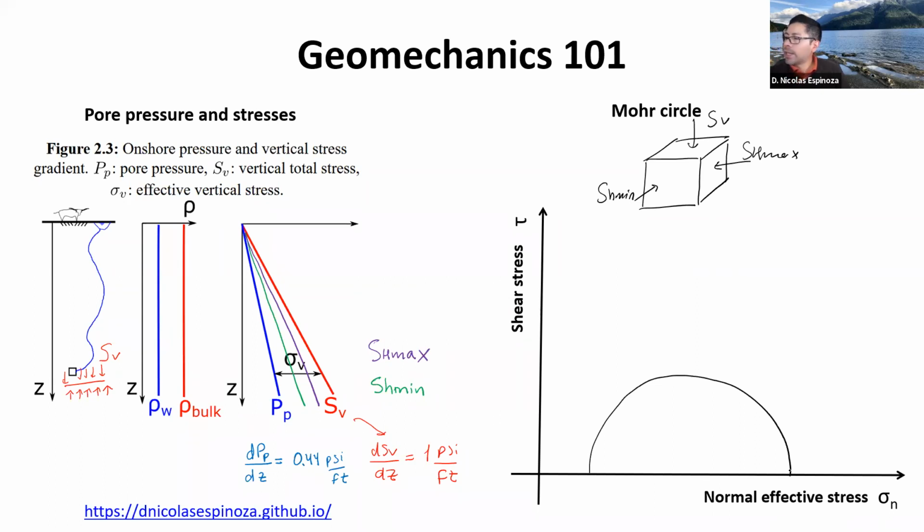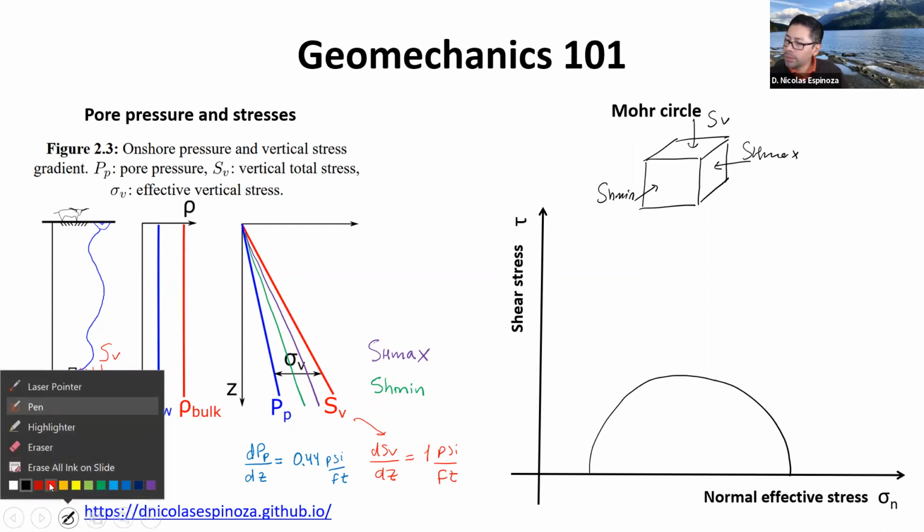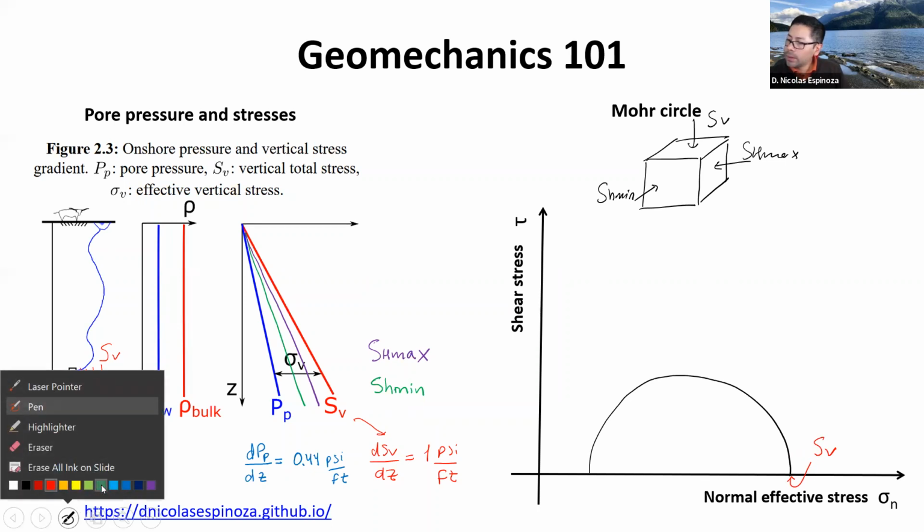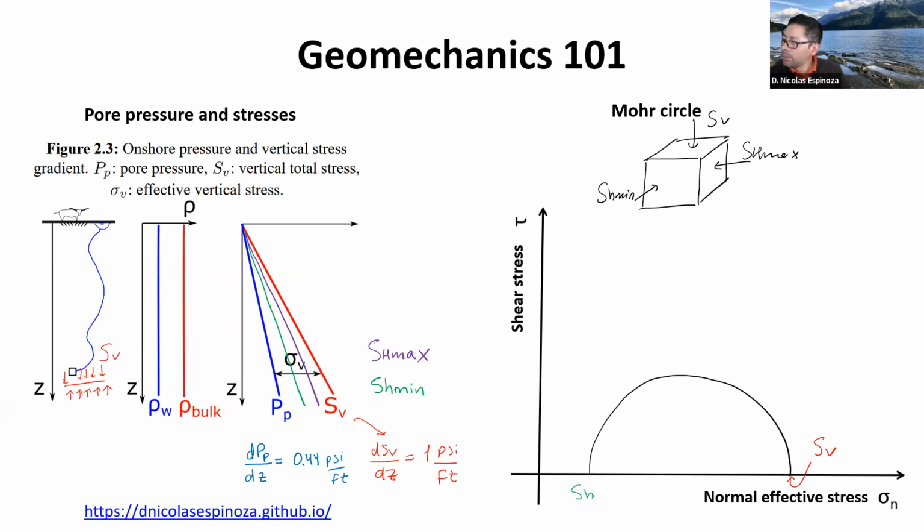I'm just plotting here half of the Mohr circle, where in this case, let me follow my color convention. Let's say that this is going to be the vertical stress. This is going to be my minimum principal stress. And let me actually make a small change here. I'm going to plot this as the effective stress.